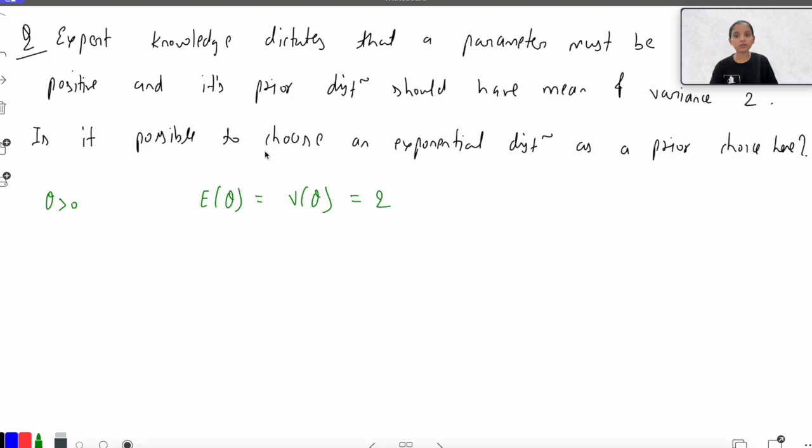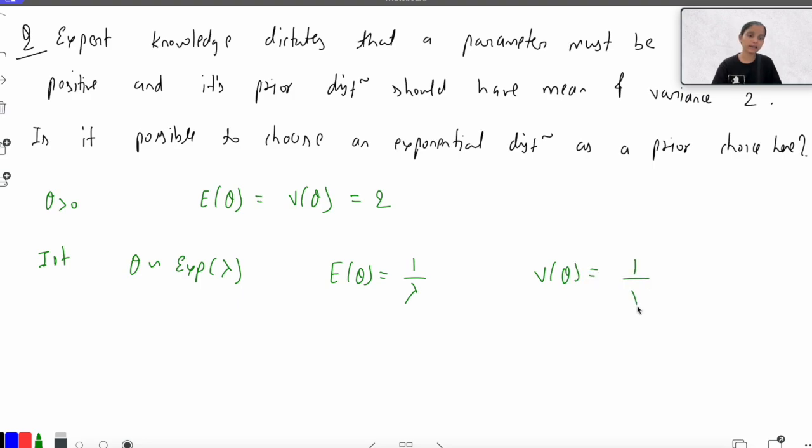Is it possible to choose an exponential distribution as a prior? Right. So they are asking, is it possible that theta is following exponential distribution? Let's see that. If theta is following an exponential distribution, then the mean and variance has to be 2. Right. So let's say theta is following exponential with the parameter lambda, and we know that the expectation of theta is 1 by lambda. Okay, and the variance of theta is 1 by lambda square.